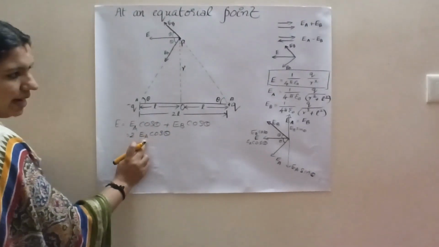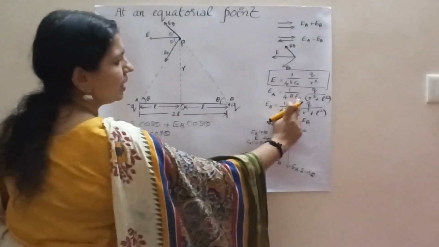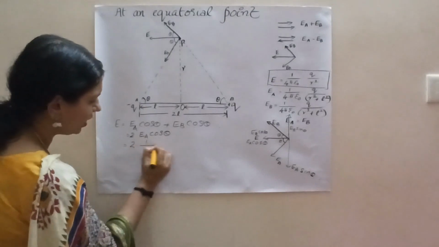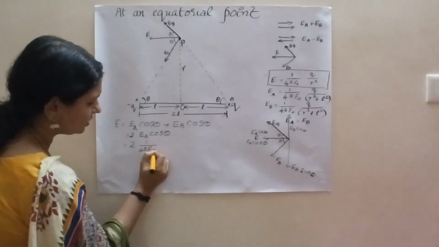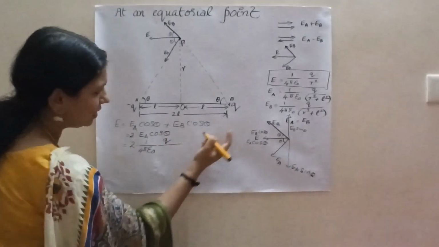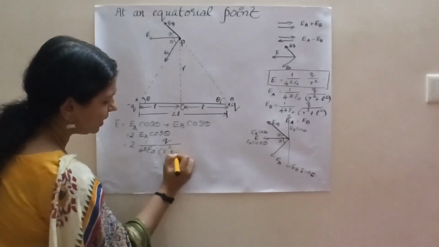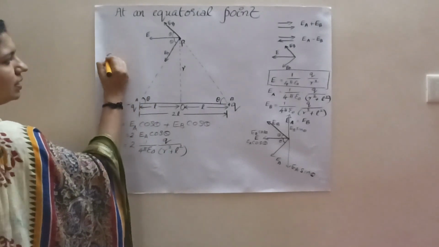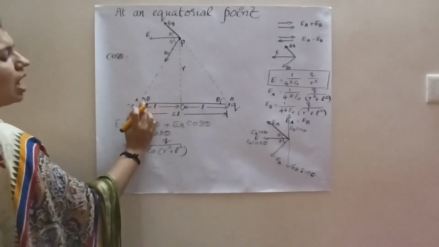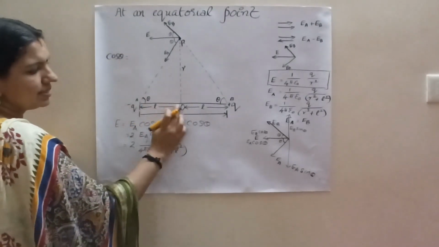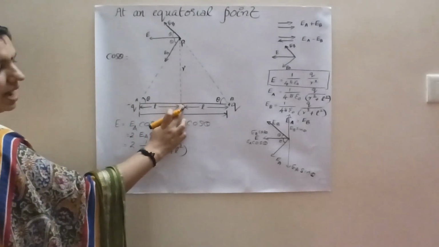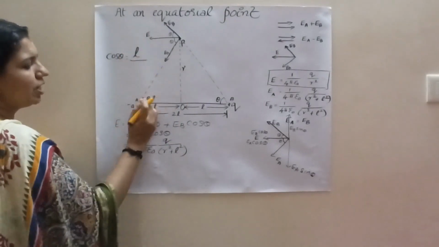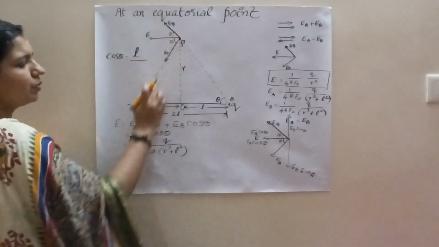Now you can write the equation for EA. What is my equation here? 1 by 4 pi epsilon 0 Q divided by R square plus L square. Now what is cos theta from this diagram? Listen, cos theta is equal to adjacent side by hypotenuse. Adjacent side is L here, divided by hypotenuse.